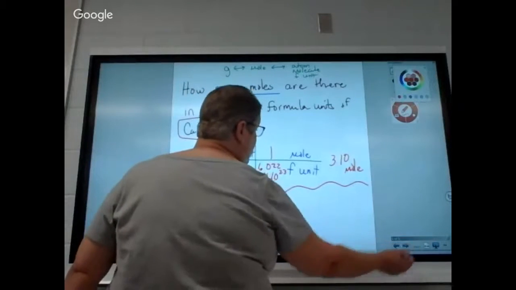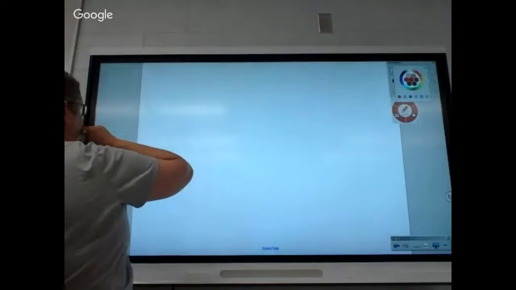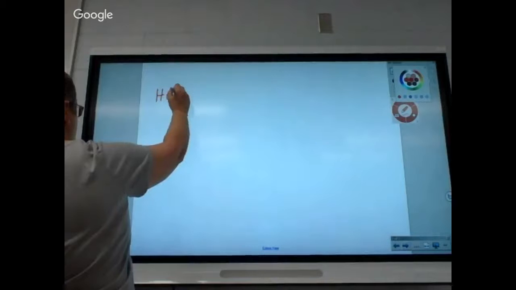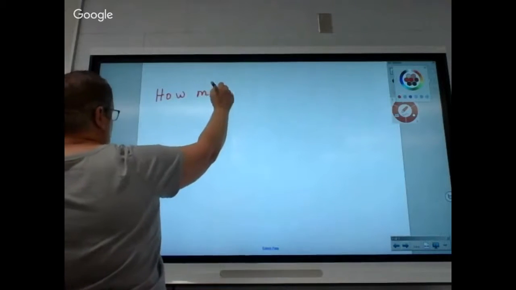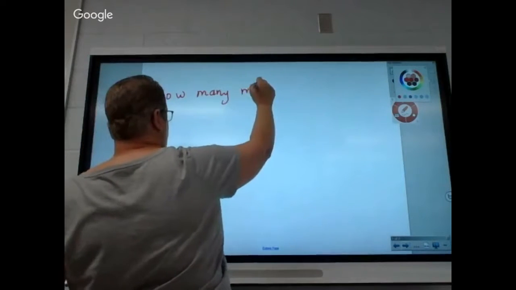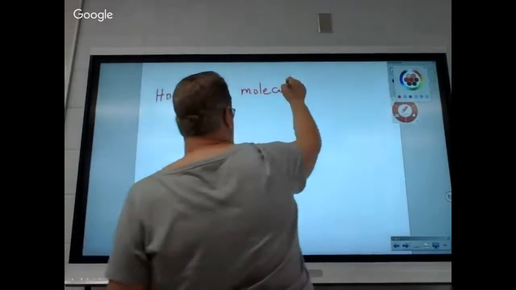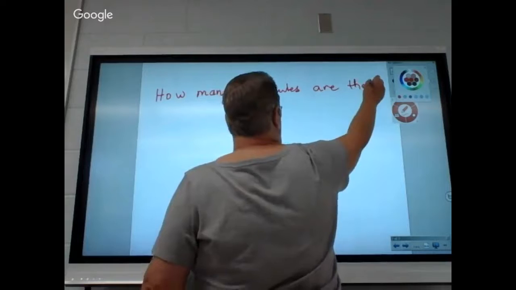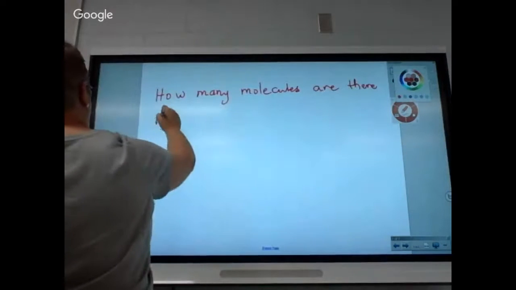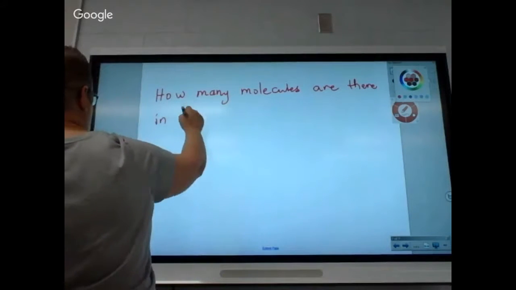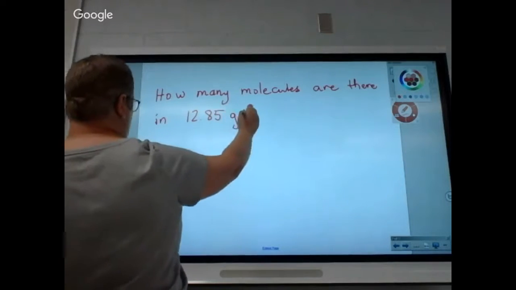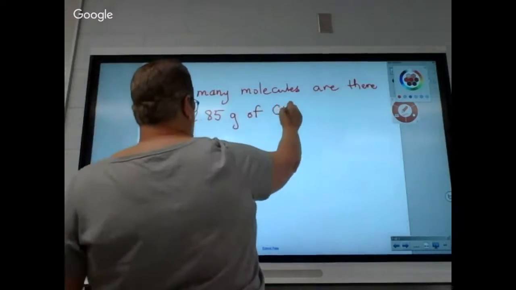All right, can we talk about a 3-step one? Let's say you want to know how many molecules are there in, let's say, 12.85 grams of CO2.